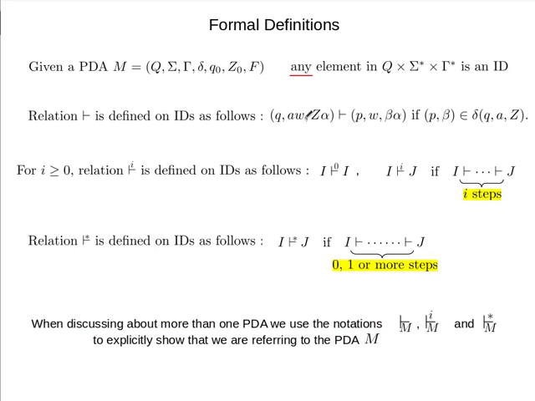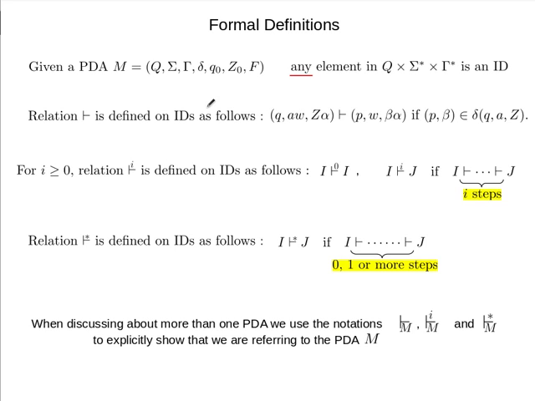And how the IDs move from one ID to another ID according to the transition function is captured by this turnstile relation. As we just mentioned, this will be the definition of this turnstile relation, right? And then like we had this direct derivation, and we had a superscript i to mean that it happens in exactly i steps, and we had also 0.